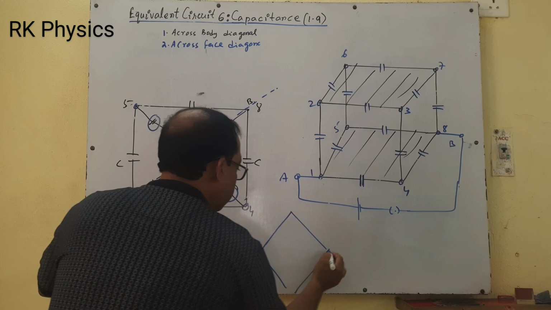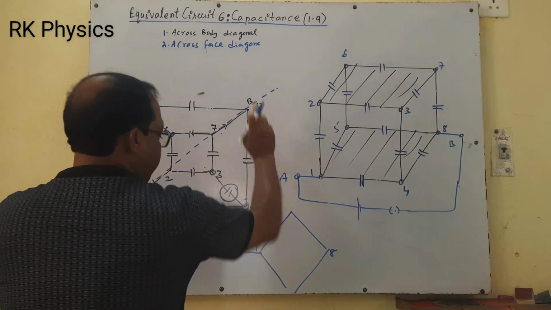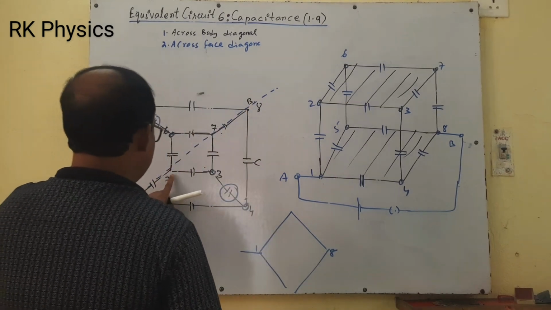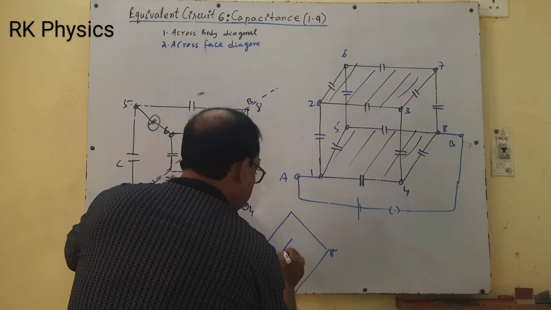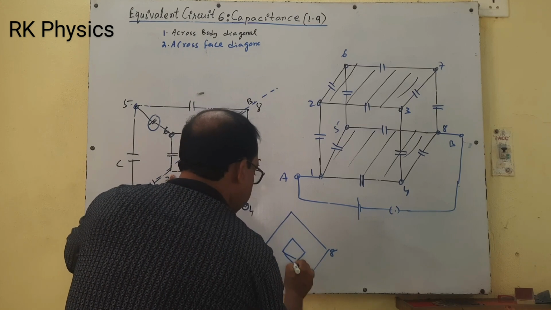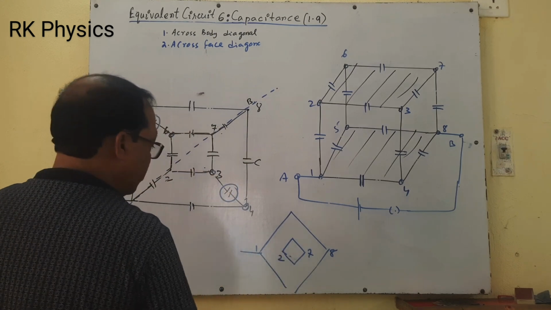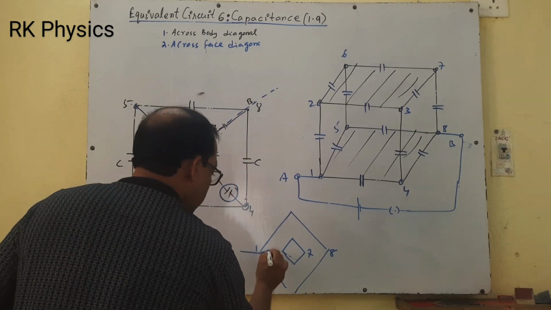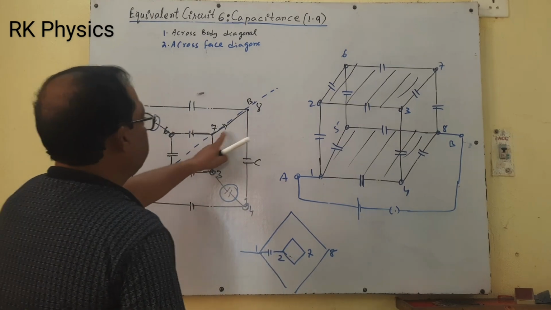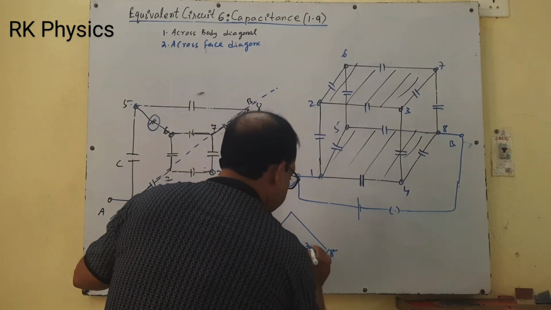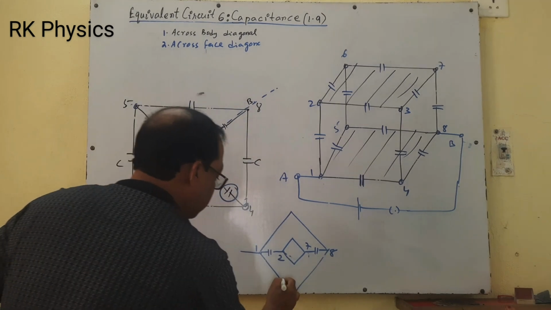This is 1, this is 8, 1 and 8. Then this is 2 and 7. In between 1 and 2 there is a capacitor. In between 7 and 8 there is a capacitor.